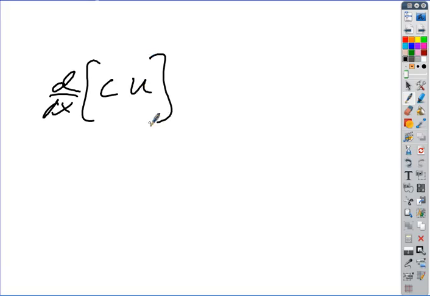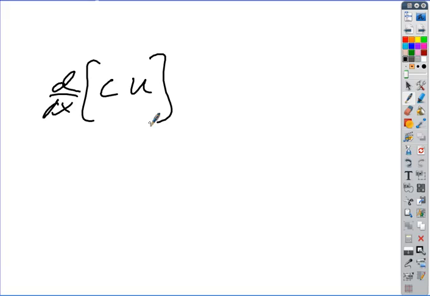The derivative with respect to x of c times u. Now we're going to start saying u instead of x, because now that we've got the chain rule, we're able to treat derivatives of functions of x instead of just plain old x.